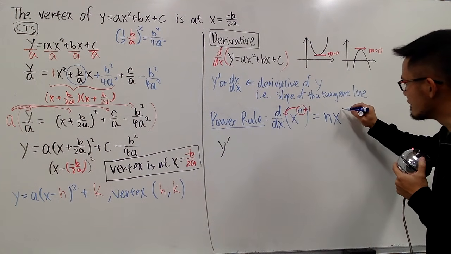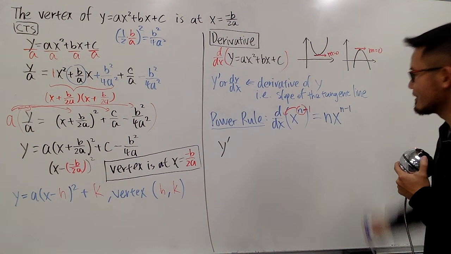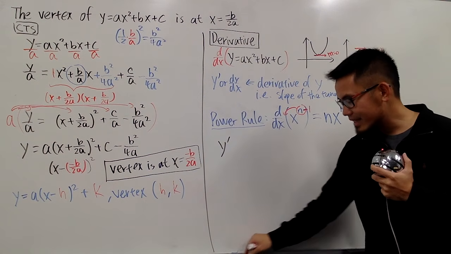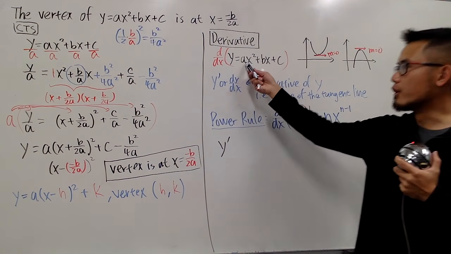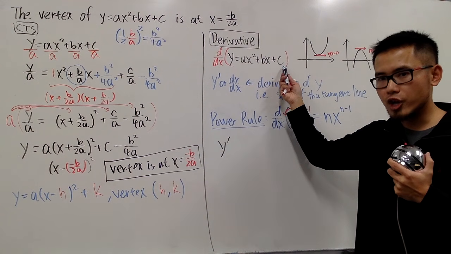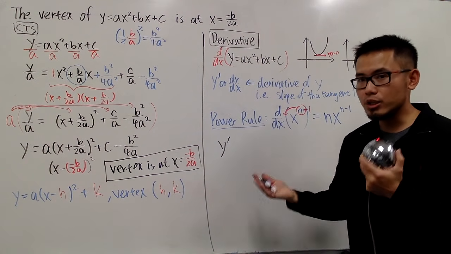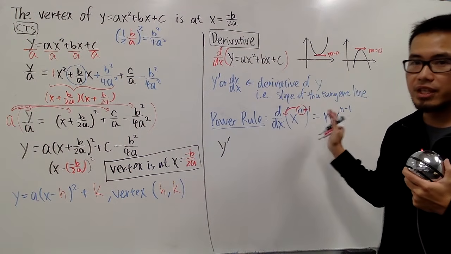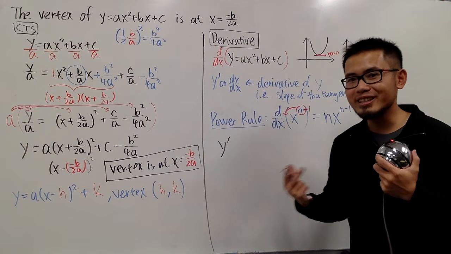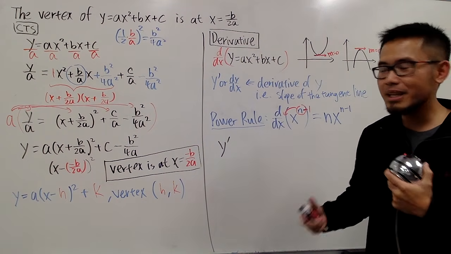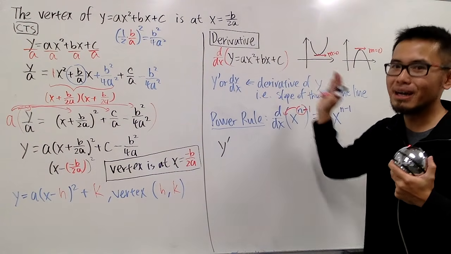So the new power is n minus 1. And that's it. We can use this for the first term, second term, and the third term. We have a constant multiple, but we'll just multiply the result with the derivative. That's okay. Of course, later on, things will get more complicated, but at the moment, this is actually not bad at all.